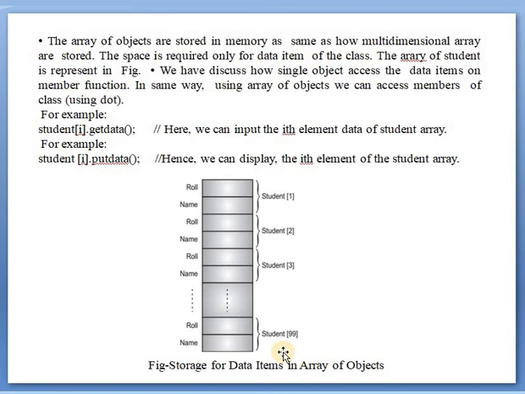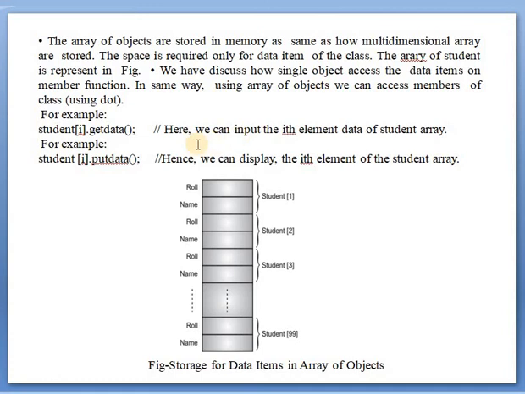We have discussed how a single object accesses the data items and member functions. In the same way, using an array of objects we can access members of a class using the dot operator. See here, student of i dot get data, where i represents the place or location of that student.